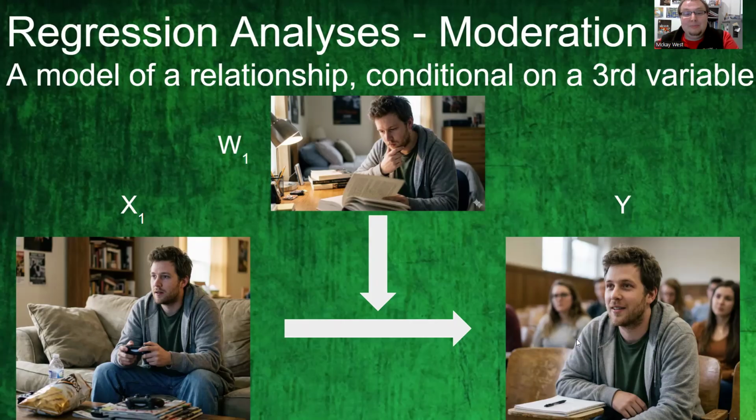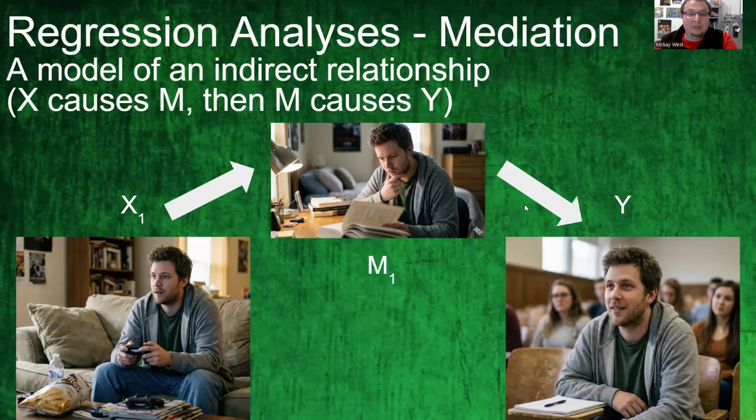That's moderation. Now, one final type of analysis that I want to show you today is what we call mediation, which is, again, our same three variables, but look how we could ask a different question with the same three.